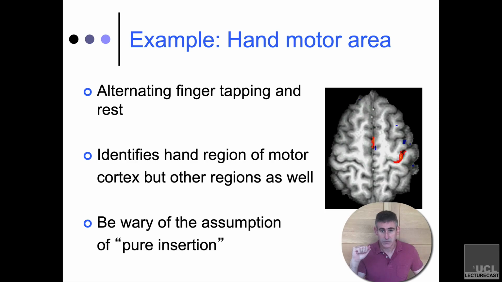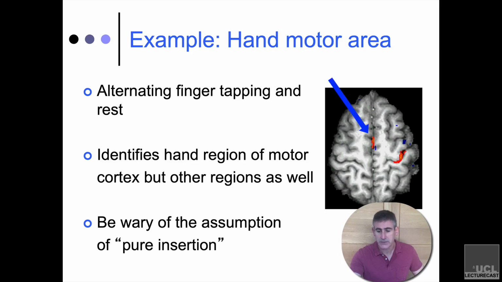My baseline task is rest, where I'm not finger tapping. And I identify parts of the brain that are sensitive to controlling my hand. You can see in this particular example activation here in what's called the hand knob of primary motor cortex, which is very much what you'd expect, but it's not limited to that, right?